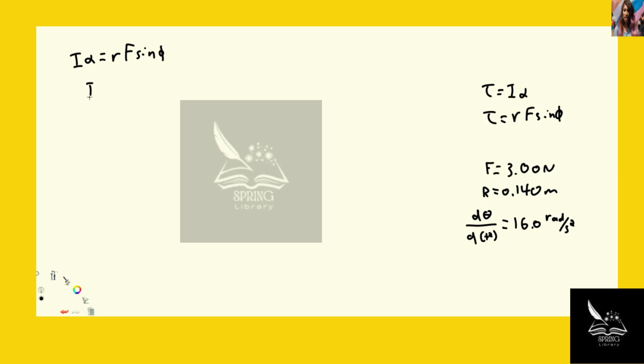And then isolate the moment of inertia: r f sine phi over alpha. Okay, and now we have everything on top. All we need to find is alpha, which we can do using this information about the graph that's presented to us.